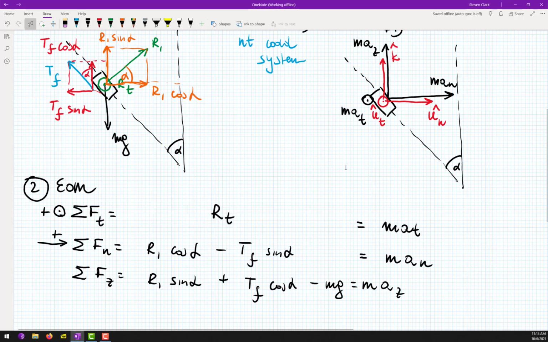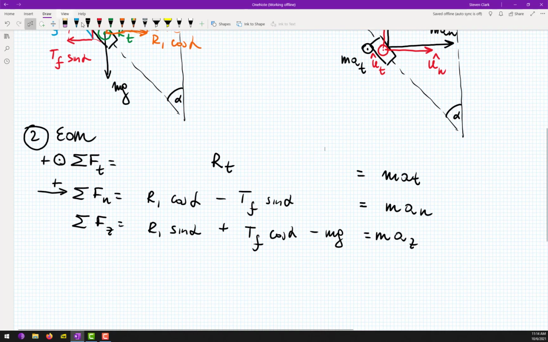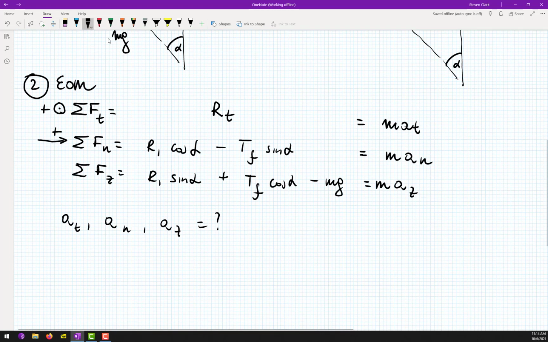All right, so what else would I like to do? Maybe I would like to express in a smart way these values right now: AT, AN, and AZ. So, question to you guys, what is AZ right away?